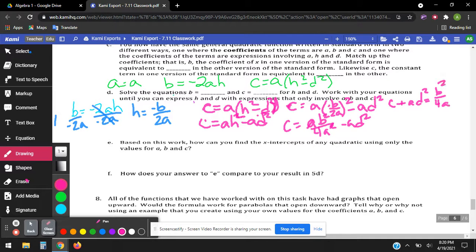And then from here, I can subtract the c. Let's just get that on the other side. So ad squared equals, remember I'm trying to get d by itself. So now I need to multiply by, should I have gotten rid of that a?